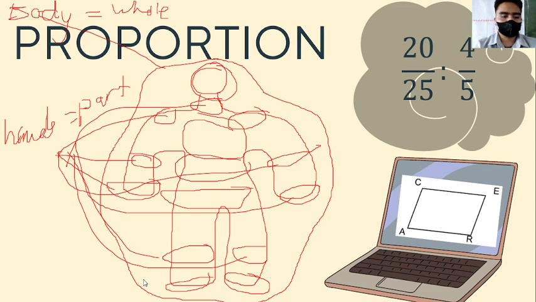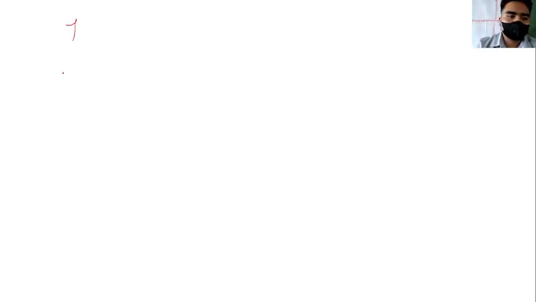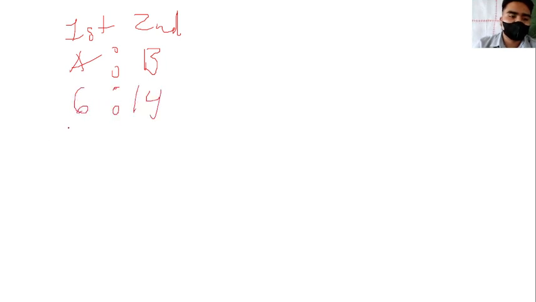So what if a while ago you just mentioned that the first term was apple, the second term was banana. They got the ratio, which is 6 and 14, correct? And in fraction form, it is 6 over 14.